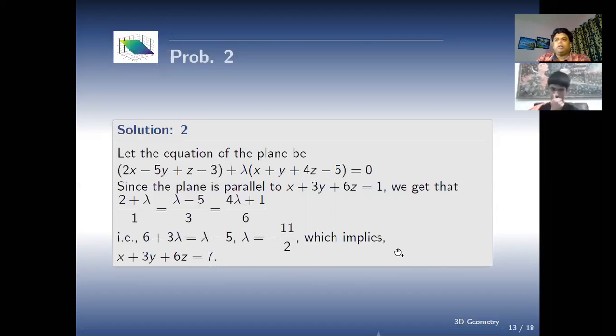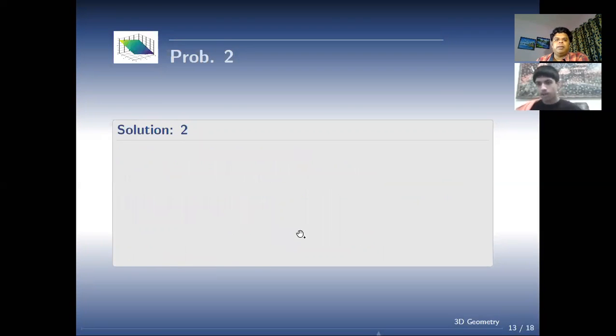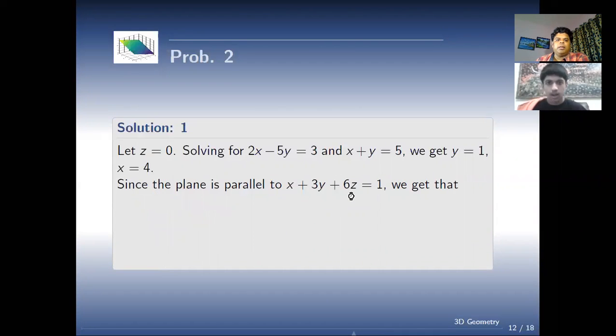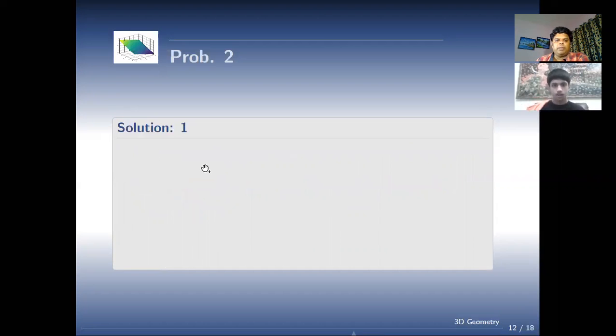So there were two ways to solve this problem, right? What did we do in the first line of attack? In the first one, we found a point on the line of intersection and then equated that point with the parallel plane. To take a point, we made one of the parameters 0.